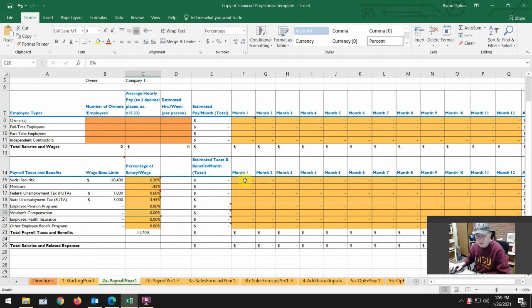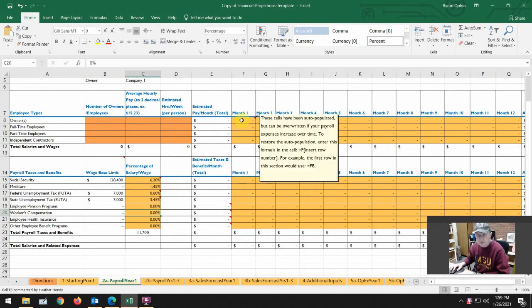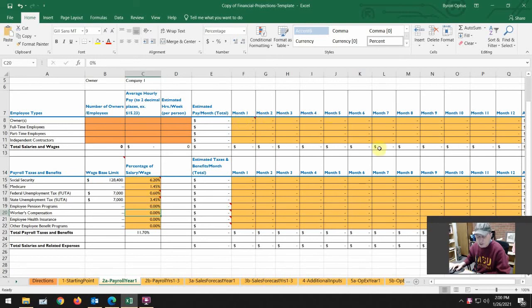This one also could give us the option of changing some of the payroll given seasonal concerns. When we fill in our payroll numbers here, it's going to make the assumption that everything happens pretty much the same every month. And obviously that may not be the case depending on your type of business.